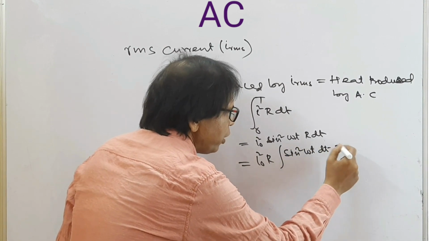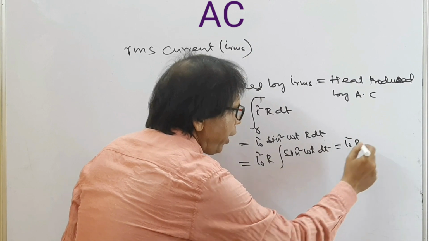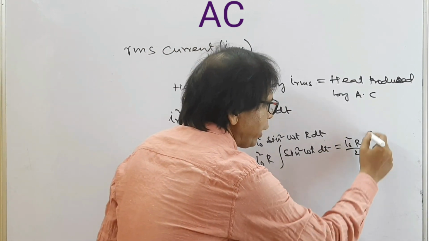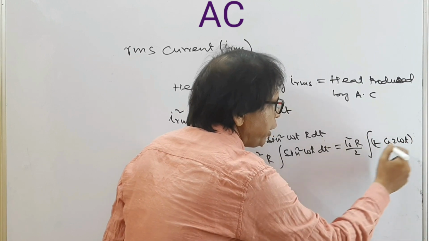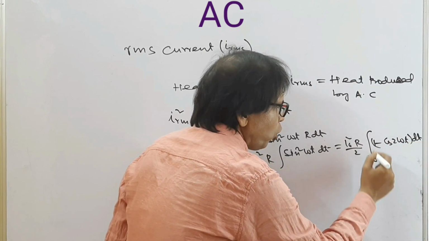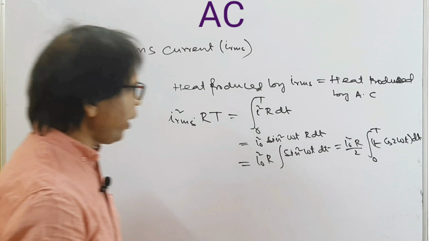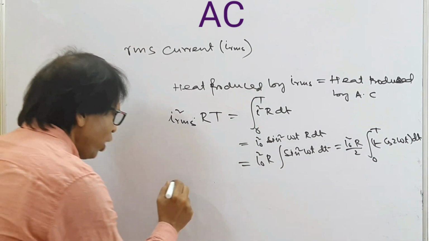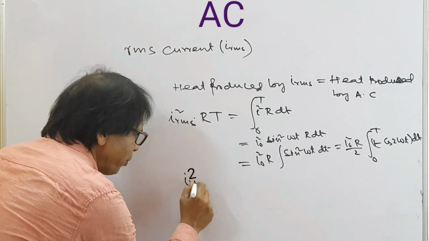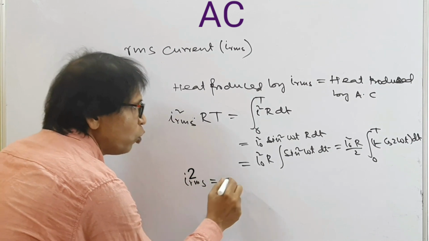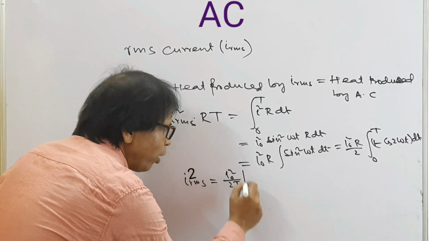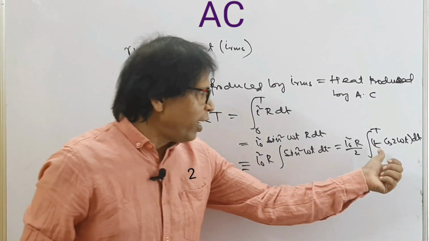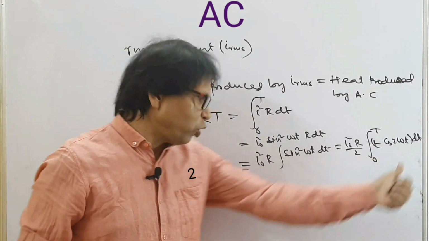Now this is I naught square R by 2 times the integration of 1 minus cos 2 omega t dt from 0 to T. Okay, now for I RMS, this equals I naught square by 2 into T, between T and 0.